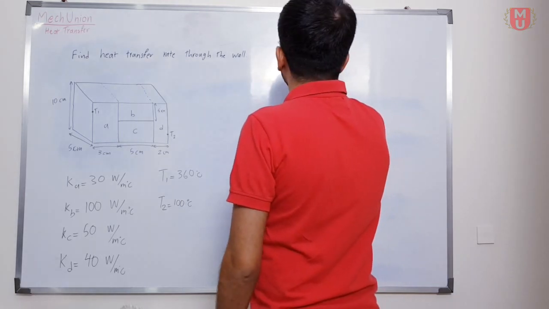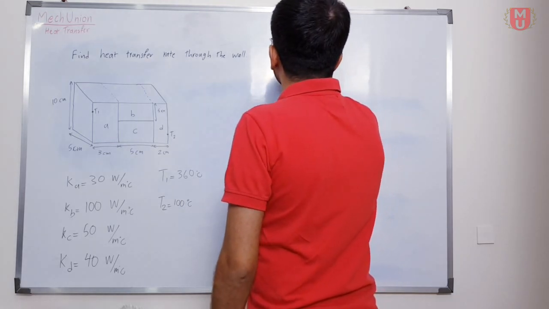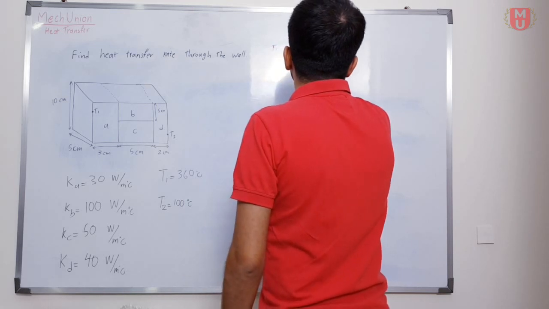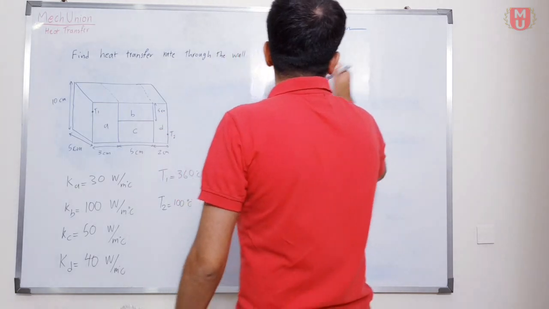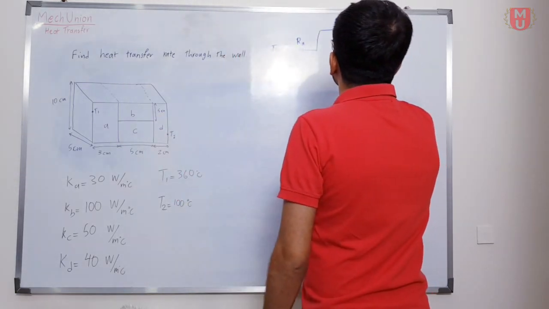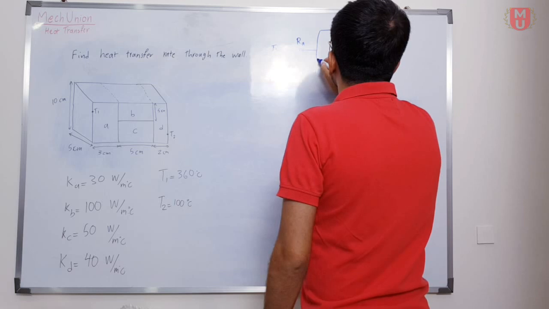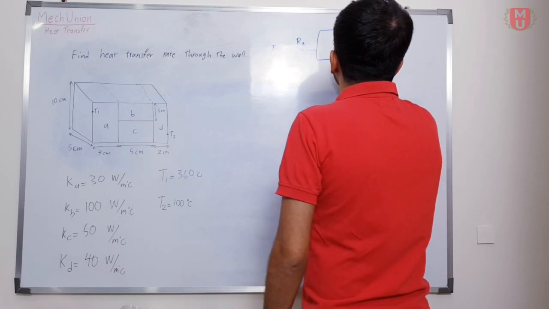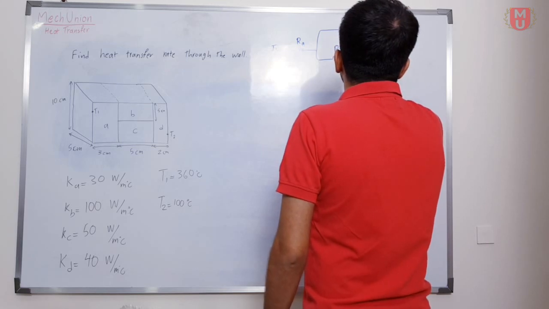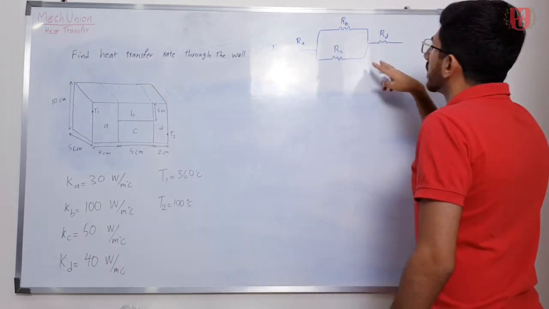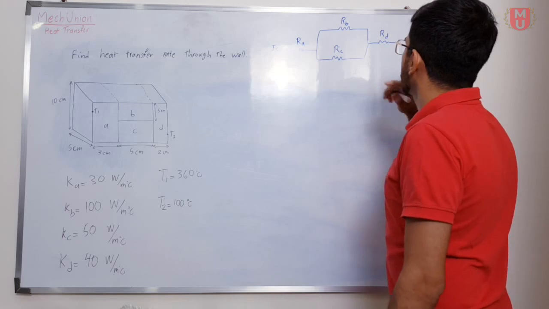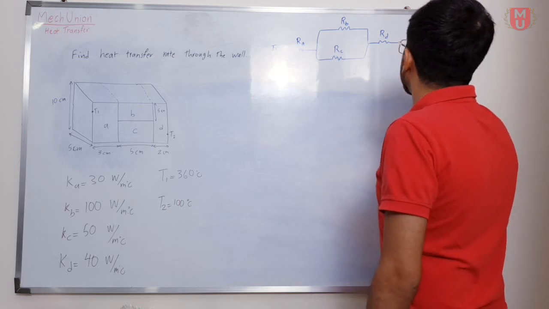This is R of A, this is T1. These B and C are parallel, R of B, R of C, that comes to R of D. All of these alongside each other are in series, T2.